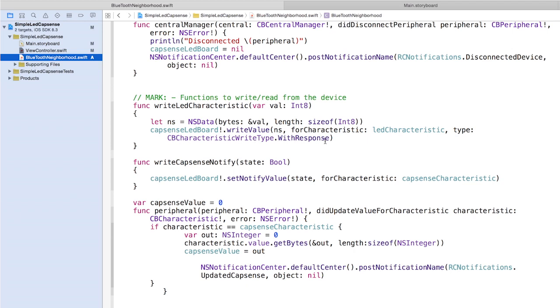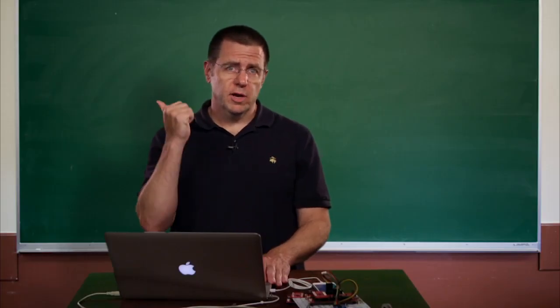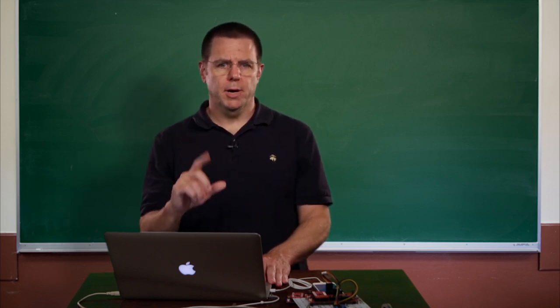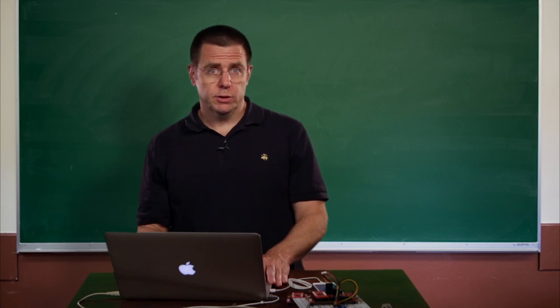You remember when we configured the BLE characteristic inside of the Creator component, I said it was a read characteristic and a write characteristic. Write always means write with response. So I write with a response.